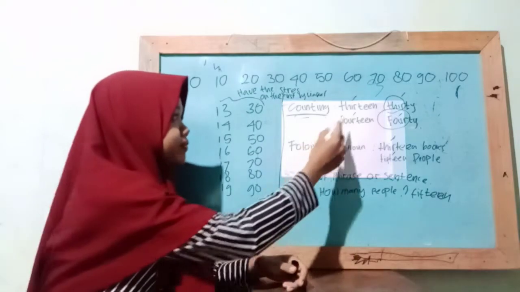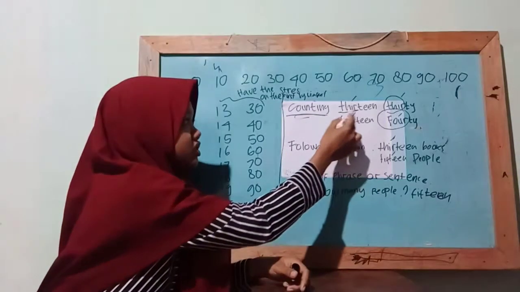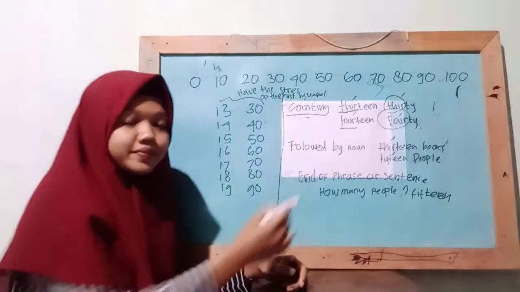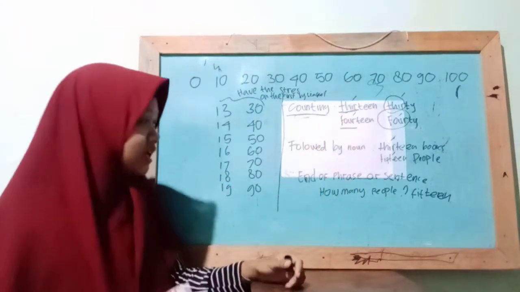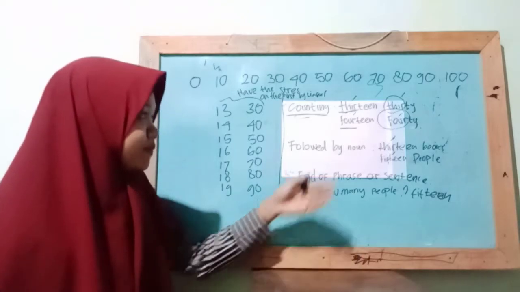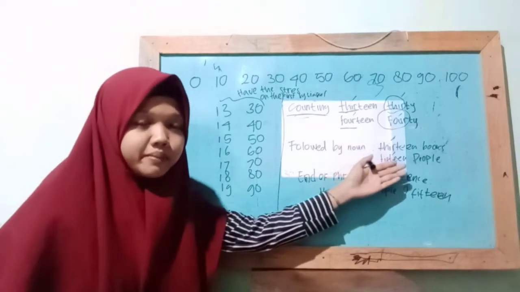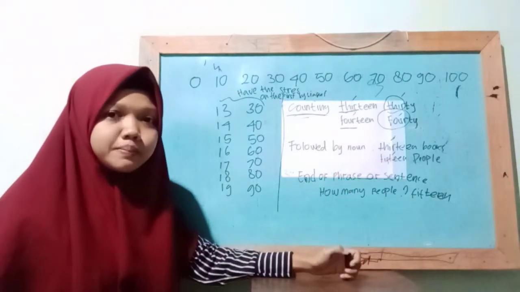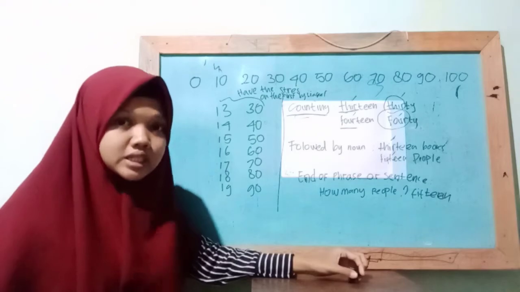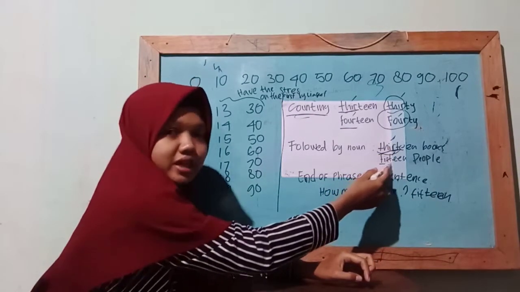For example, 13, 14. Also, if the number is followed by a noun, for example, I have 13 books, 15 people, we normally put the stress on the first syllable. 13 books, 15 people.